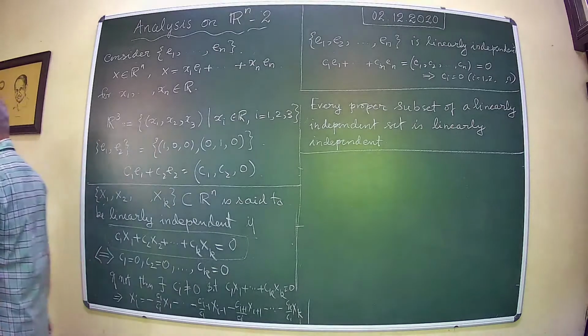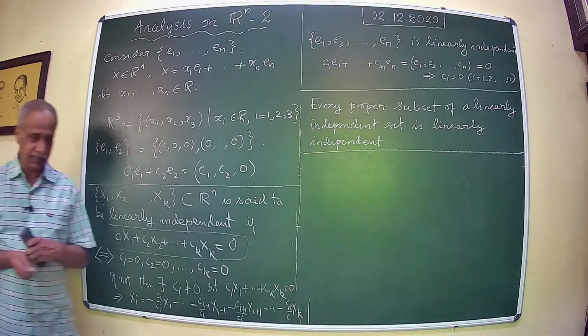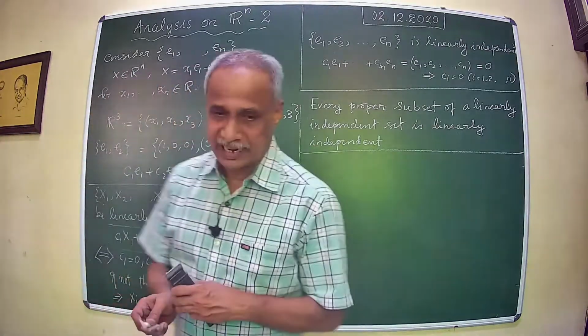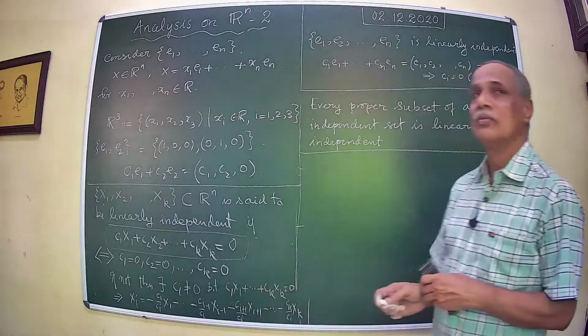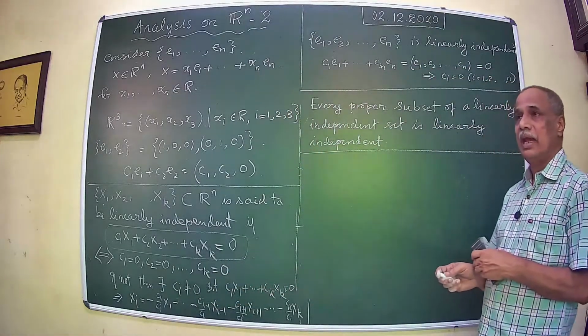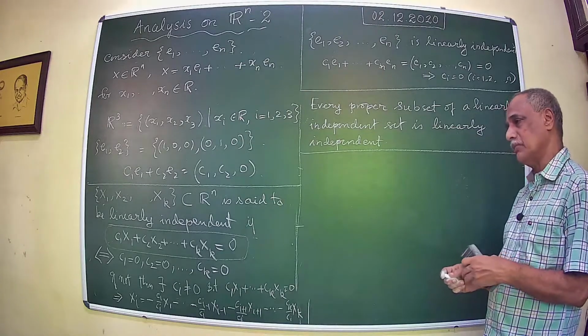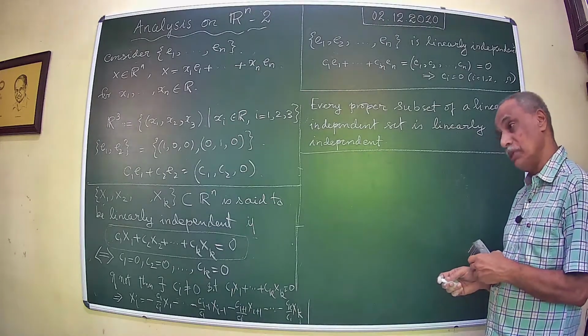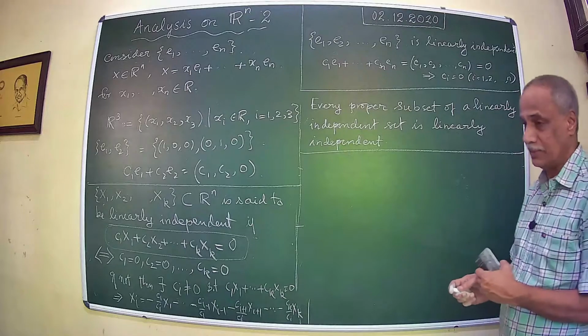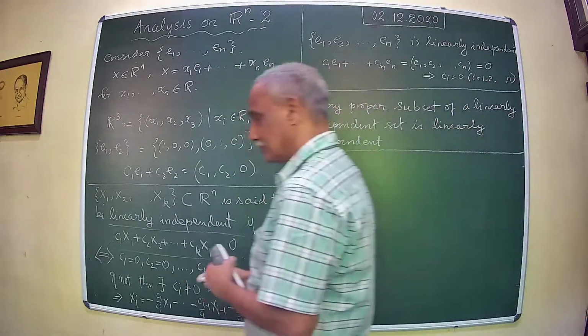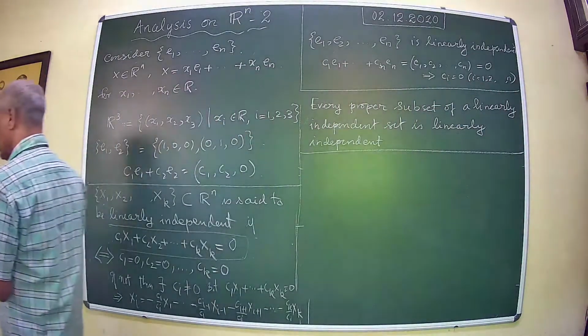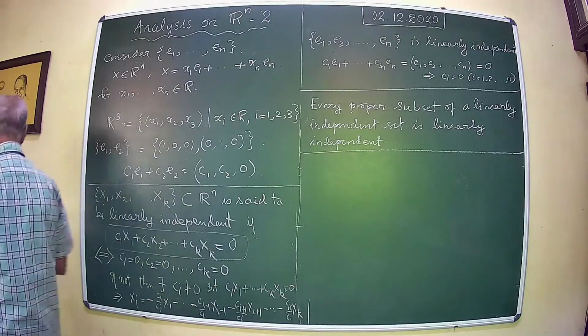Suppose you take a set x1, x2, etc., xk which is linearly independent, and then show that if you take a proper subset of that, it is also linearly independent. Okay? If not, what happens?